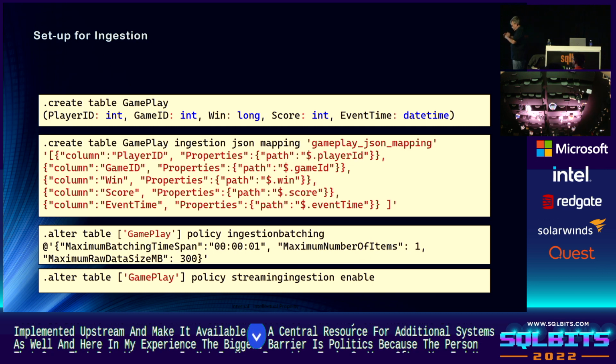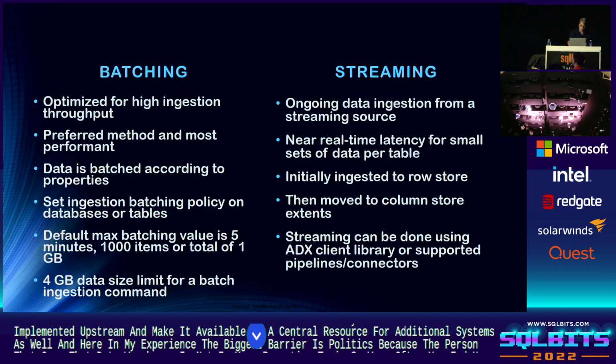And we can decide whether we want to do streaming ingestion or batching ingestion, where batching is for high throughput. So if you have large amounts of data, batching ingestion is good.